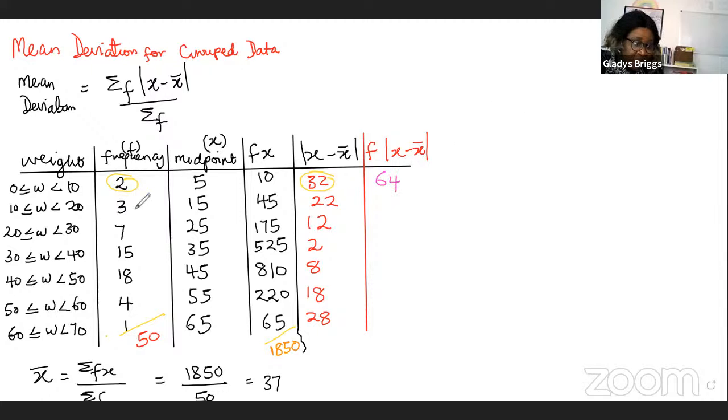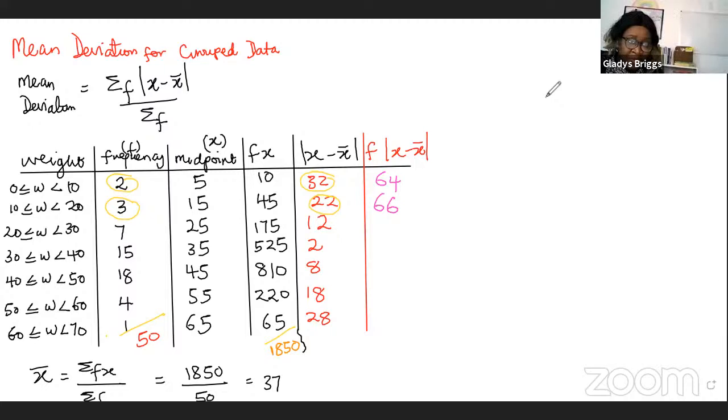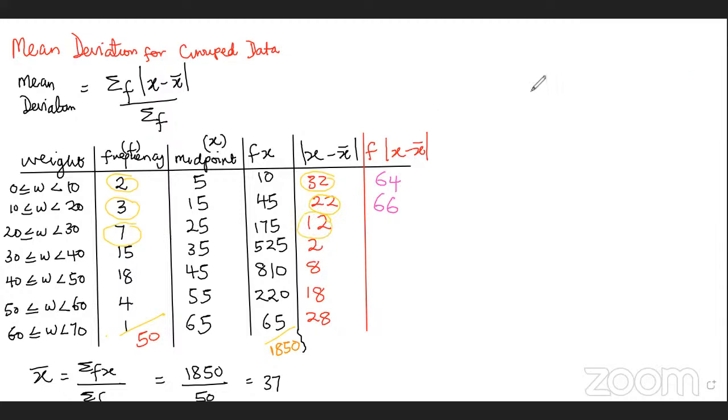Now the next one would be 3 times 22, 66. The next one would be 7 times 12, 84.